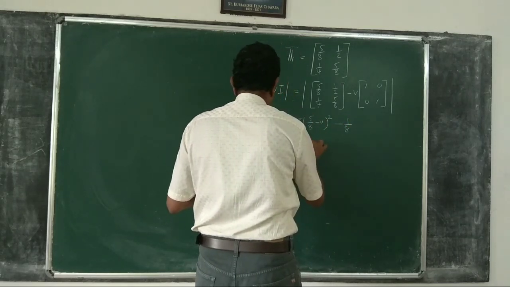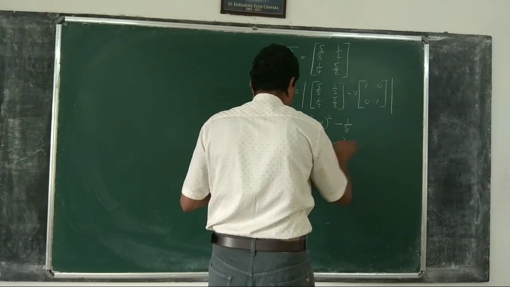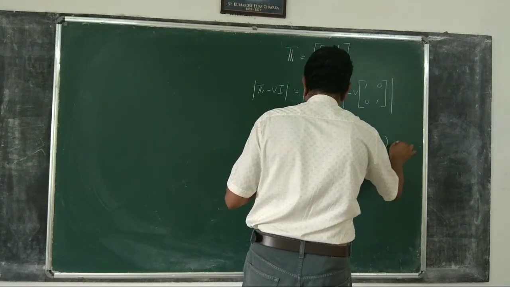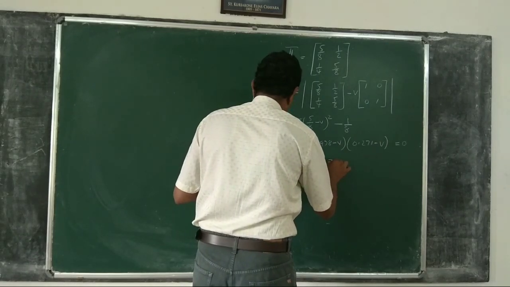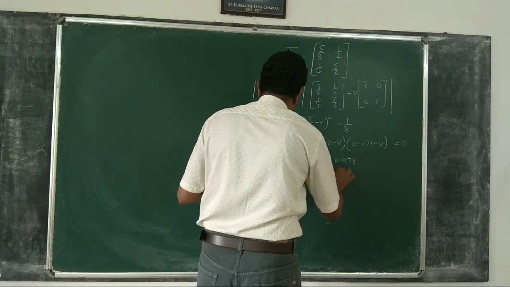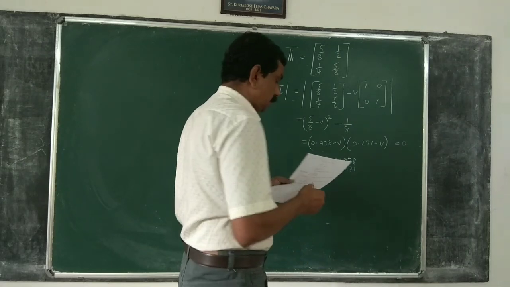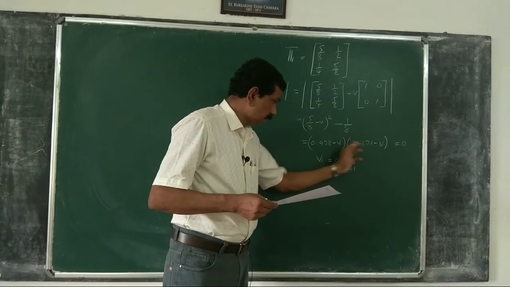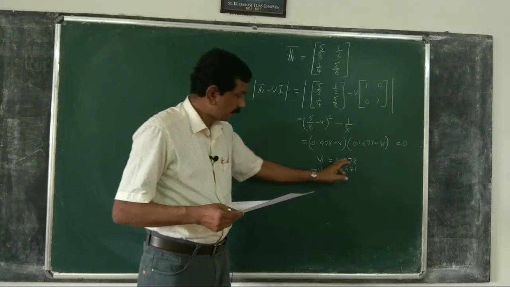This can be factored into (0.978 minus v) into (0.271 minus v) equated to 0, with the roots v1 equal to 0.978 and v2 equal to 0.271. And so setting this v in the first or in the second, you will get v1 as 0.978.